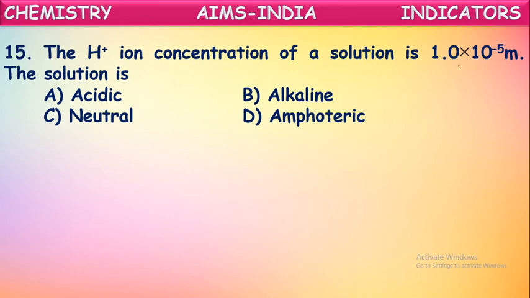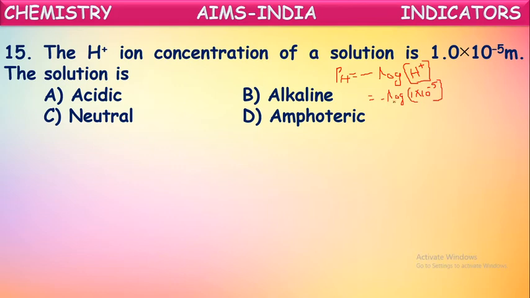The H plus ion concentration is given as 1 into 10 to the power of minus 5 molar. We can find pH value by using the formula pH is equal to minus log of H plus ion concentration. So if you substitute the H plus ion concentration value in this, it becomes minus log of 1 into 10 to the power of minus 5.